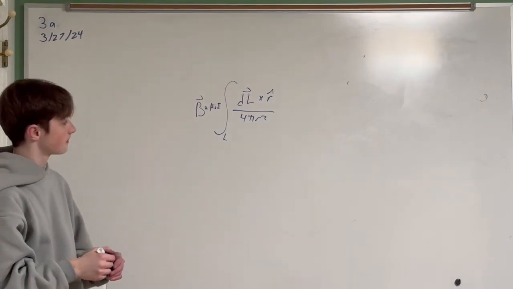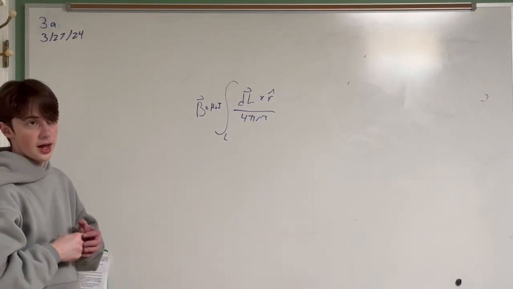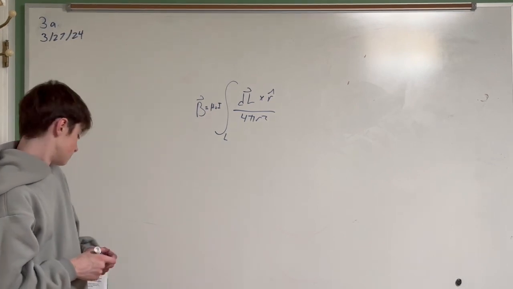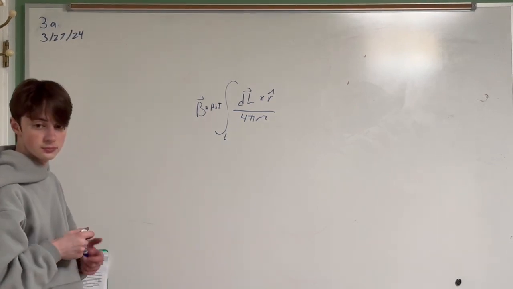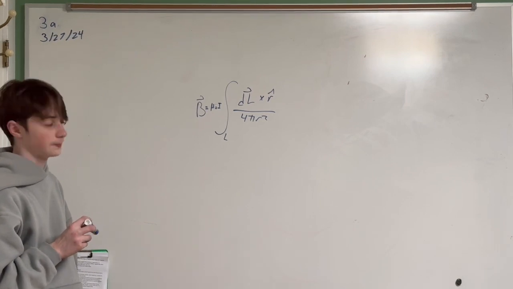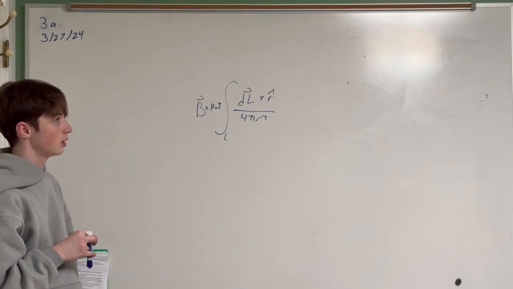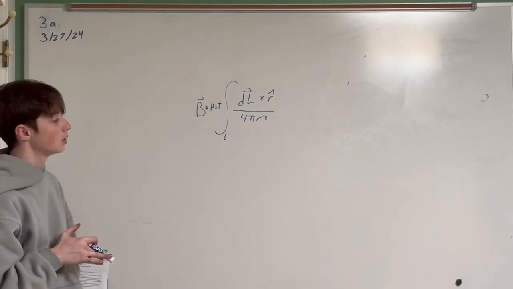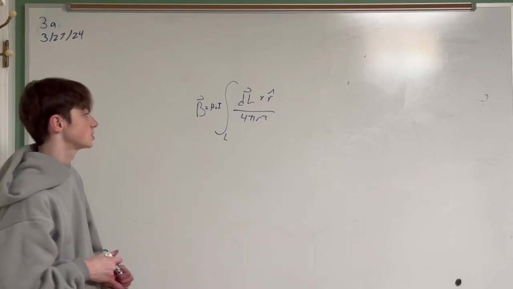So r hat is the direction of the r vector. It's the unit vector, so it will have a magnitude of 1. So you could also make it the vector r instead of the direction of r, over r cubed. Would that work? I guess so. But r cubed would have to be absolute valued. Well, it's already absolute valued. It's a magnitude. Oh yeah. Yeah, so sure.